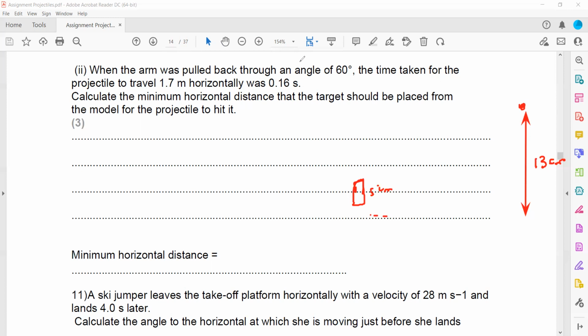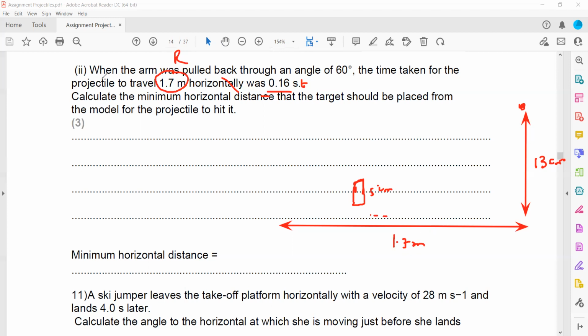That's the total distance. So first, we'll find the horizontal velocity. Horizontal velocity does not change. We have the range of the projectile and we know the time. So for 1.7 meters, what is the horizontal velocity?